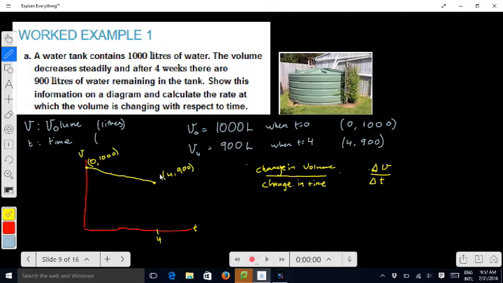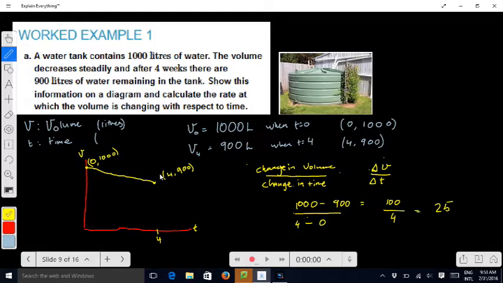So our change in volume is going to be our 1000 take 900, which is 100, over our change in time, which was 4 take 0, which is 4, so we get 25. Except I need to swap those around, so it should be our final point take initial.